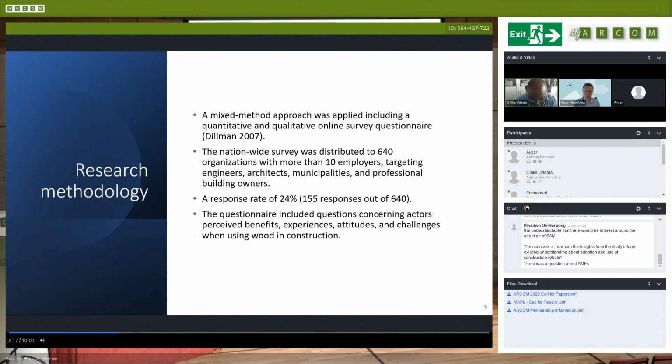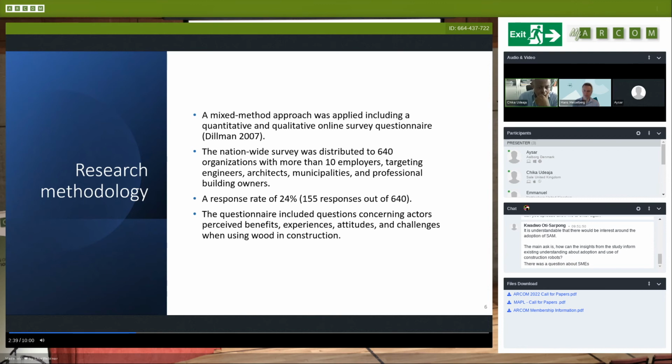A mixed method approach was applied, including a quantitative and qualitative online survey questionnaire. The nationwide survey was distributed to 640 organizations with more than 10 employees, targeting engineers, architects, municipalities, and professional building owners, with a response rate of 24%.